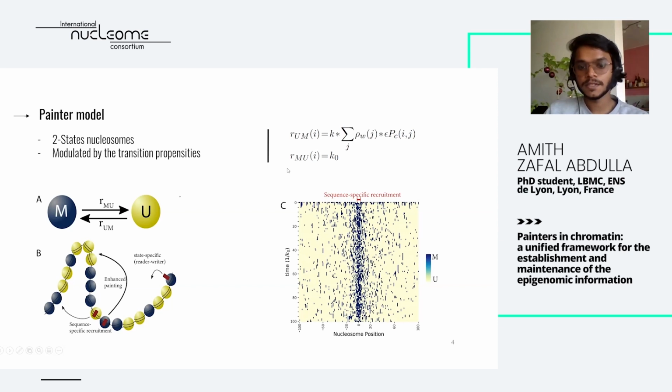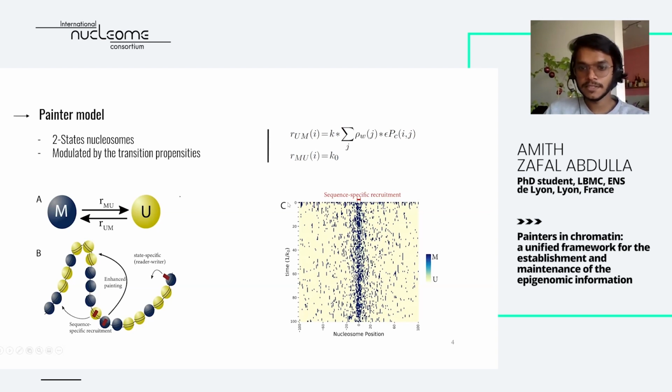Since we would like to keep it simple and we are specifically focusing on the spread of modified state M, we keep the reverse process, the one that takes modified state to unmodified, simple, and we lump all the processes like enzymatic removal of the marks, replication, and nucleosome turnover into a constant term K0.